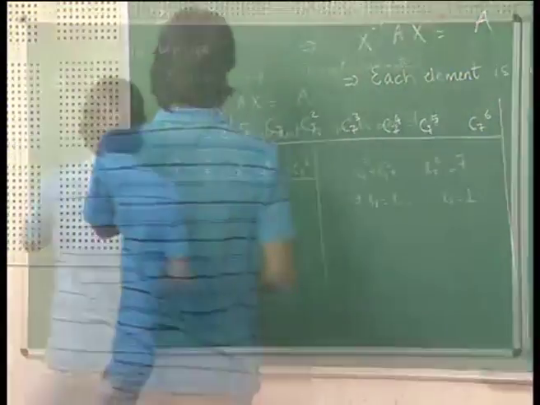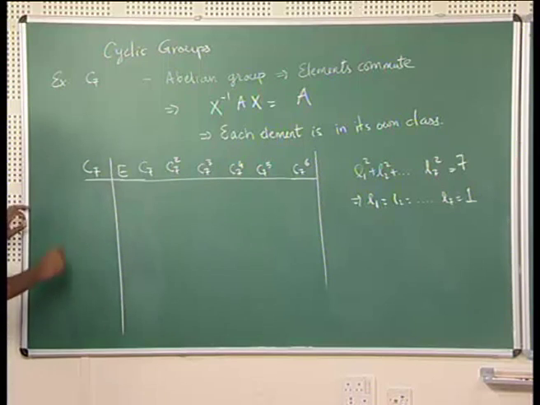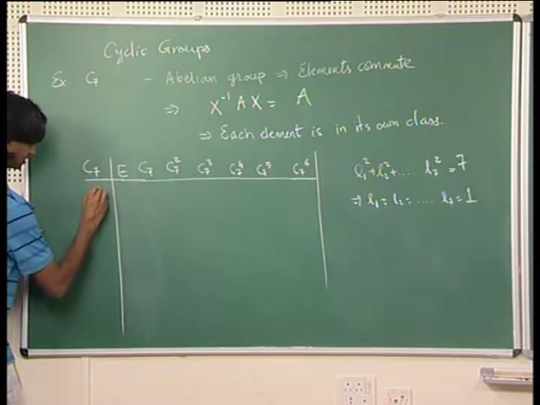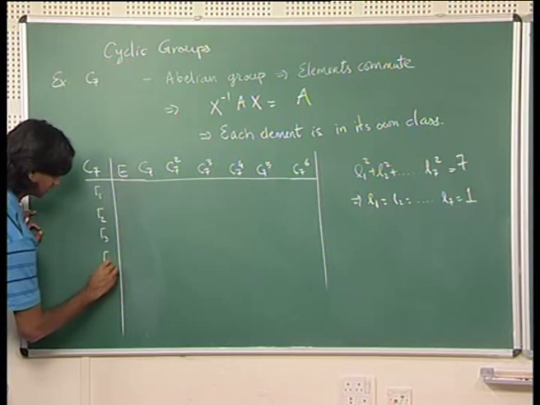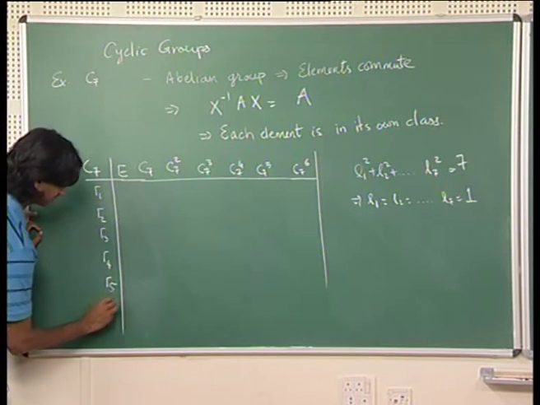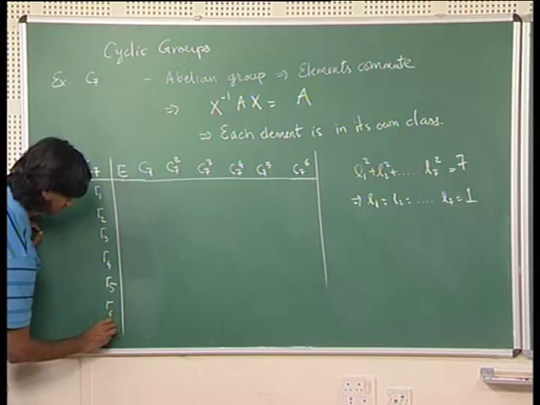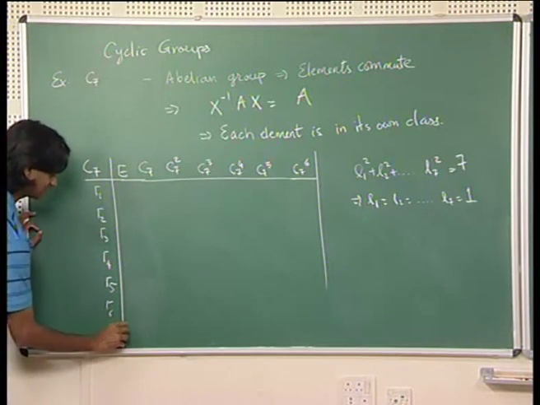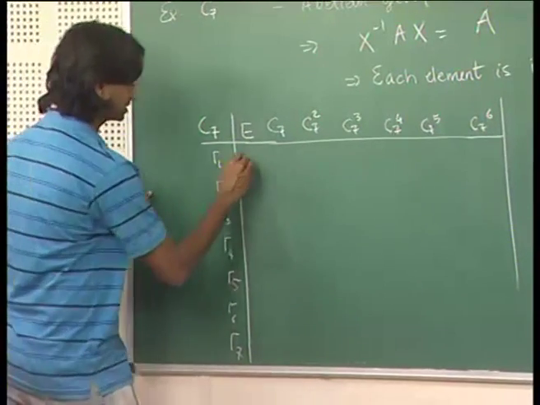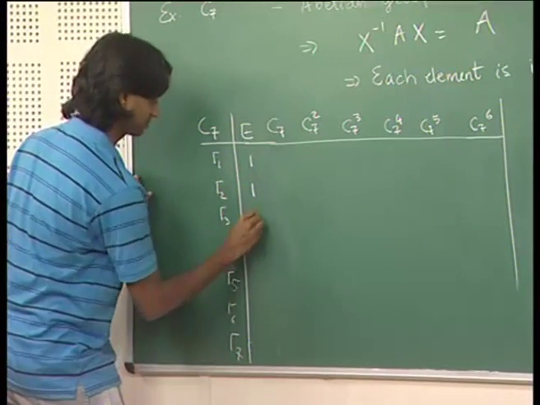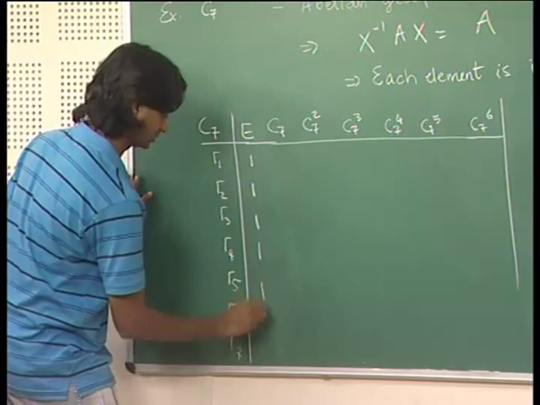Okay, so identity is also an element. Then you have gamma 1, gamma 2, gamma 3, gamma 4, gamma 5, gamma 6, and gamma 7. So these are the 7 one-dimensional representations, and since they are one-dimensional, the character of identity is 1 in each representation.